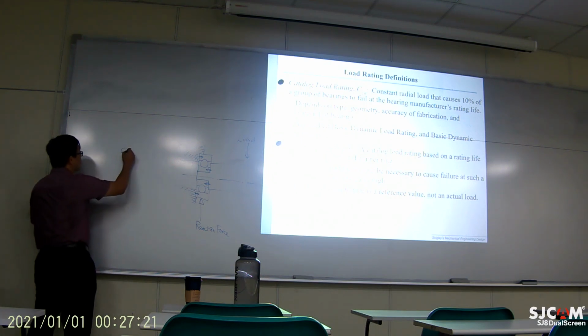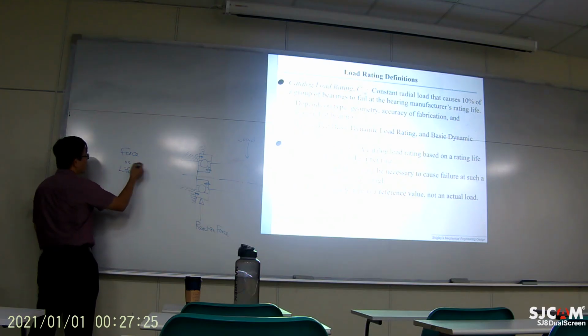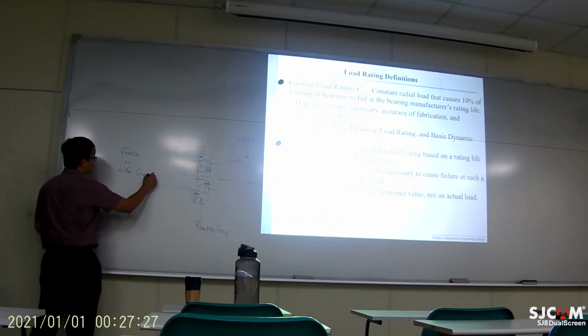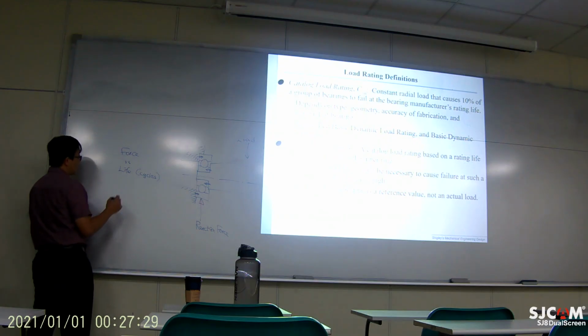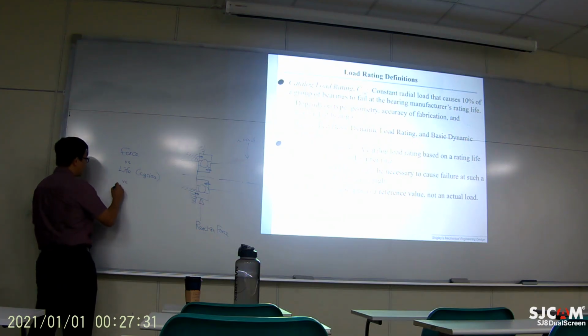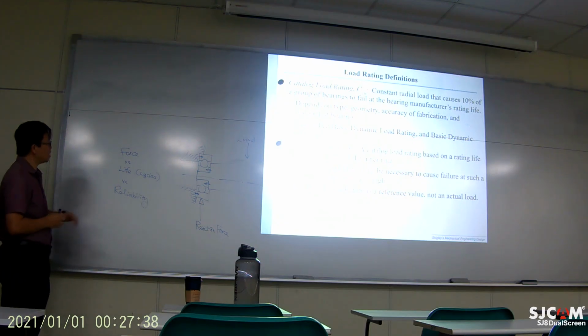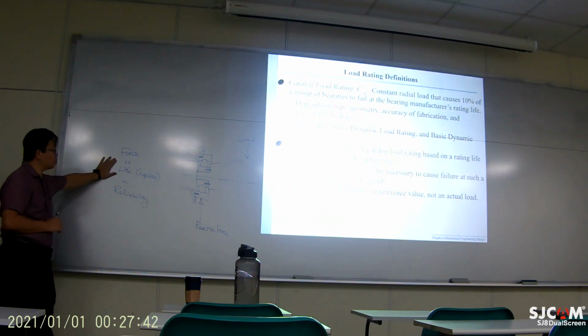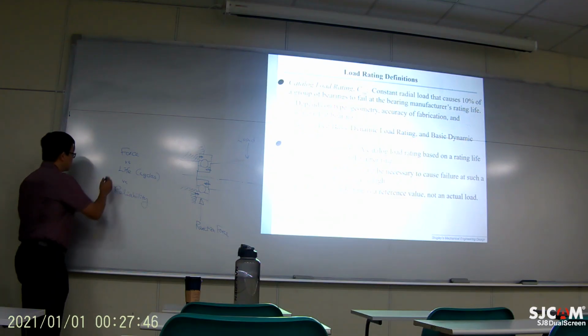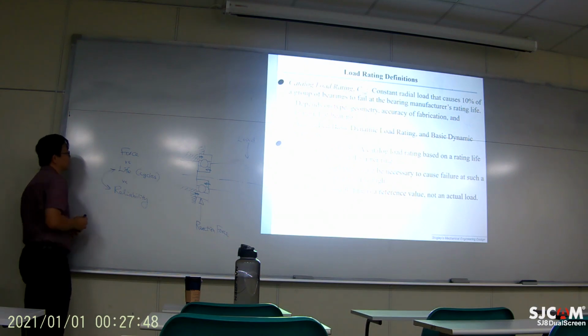So force and life. For bearing, basically cycles. And also another thing would be reliability. Reliability right here means after a certain amount of cycles, how many will last. Okay? So these two are very related.